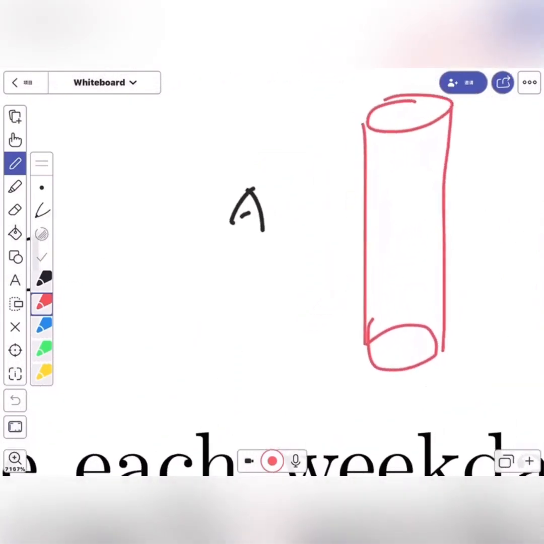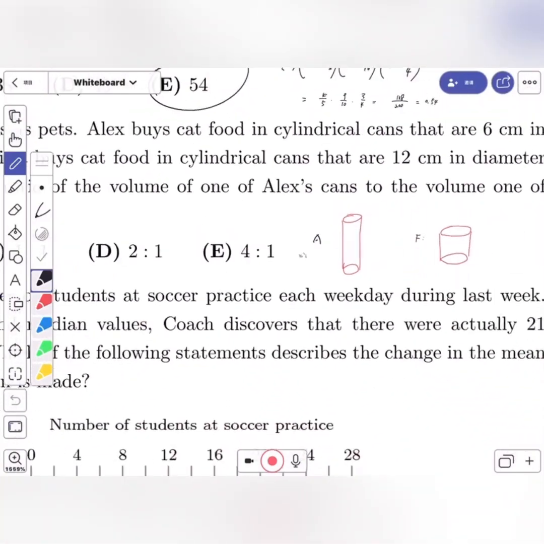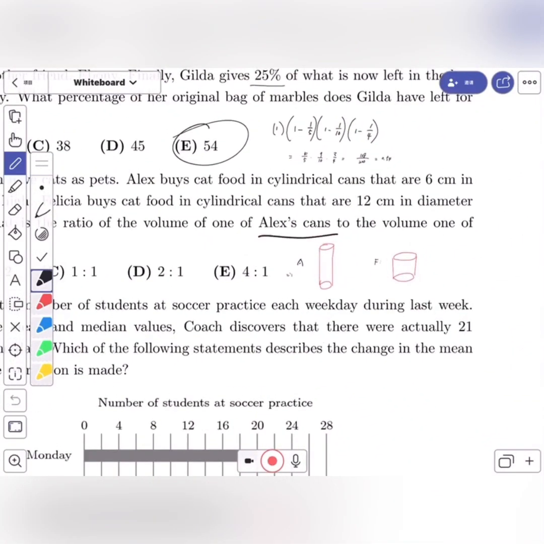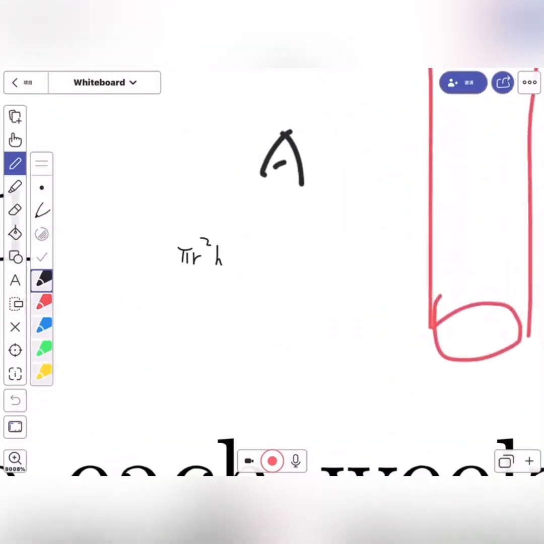So basically, we're gonna have pi r squared h, which is the volume formula, and we want to find the Alex can over the Felicia's can. So pi r squared h over pi r squared h, which we don't care about pi since they're the same.